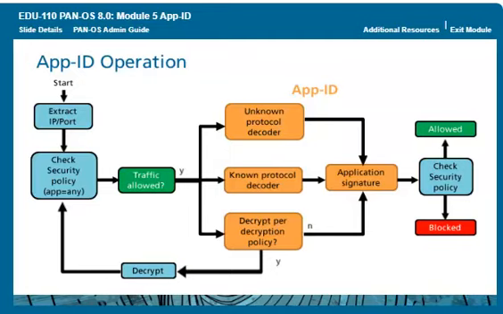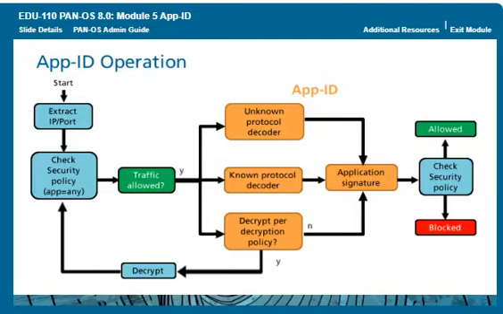If AppID determines that either SSL or SSH encryption is in use and a decryption policy is configured, the traffic flow could be decrypted and the unknown and known protocol decoders could be applied to the decrypted traffic to detect an application signature. If the traffic is not decrypted, then the traffic would be identified as the SSH or SSL application.